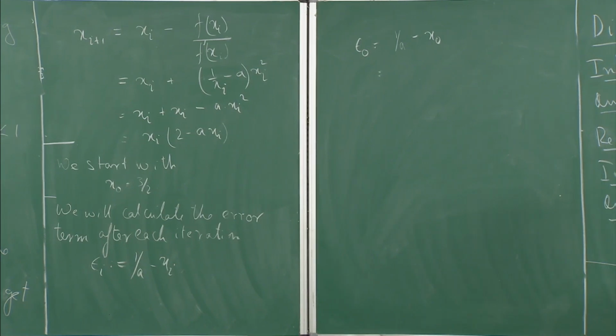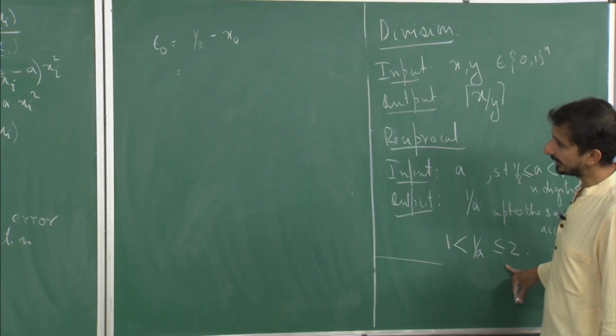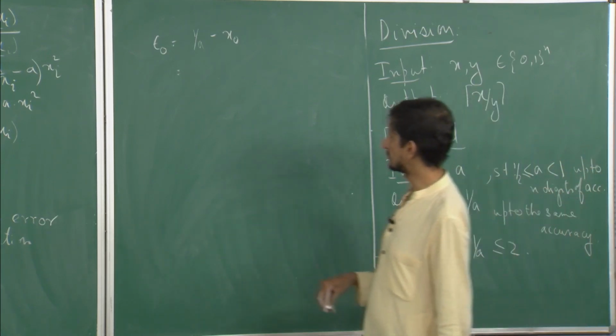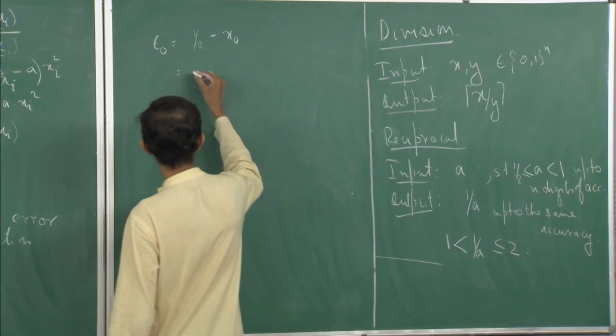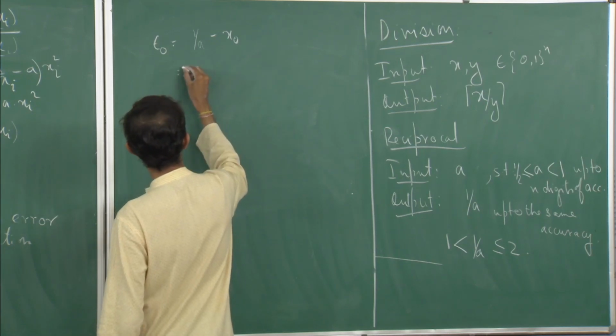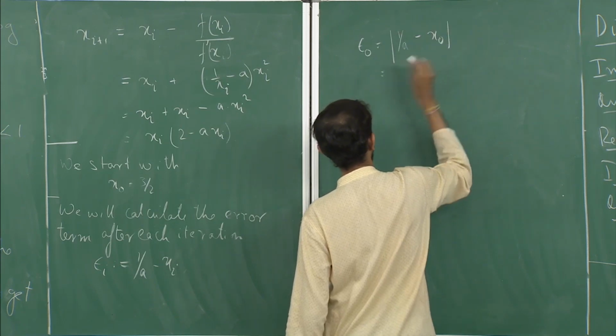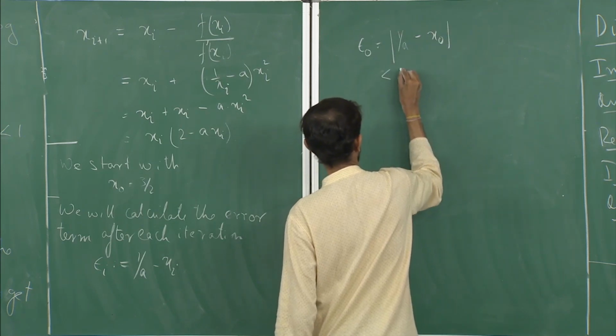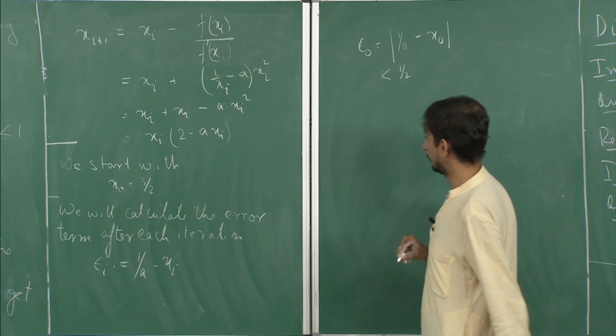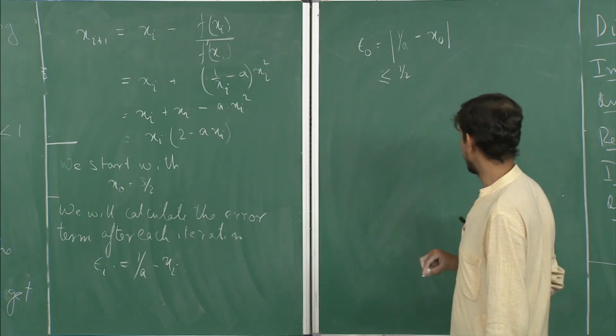So 1 over a is between 1 and 2, and I take x0 to be 3 by 2, that is 1.5. So this is basically less than or equal to half for us.